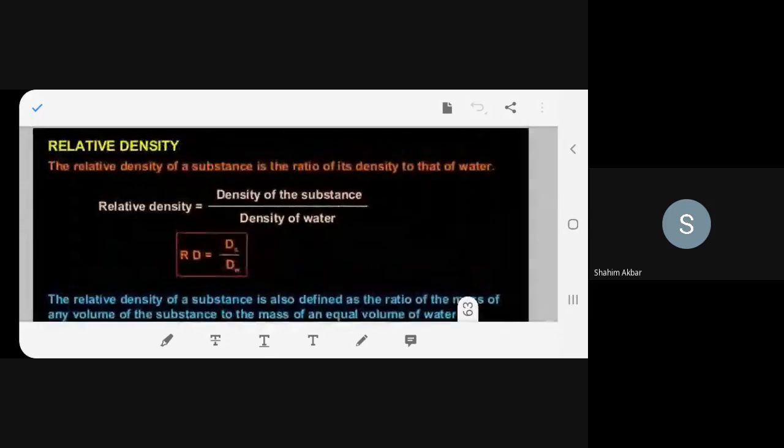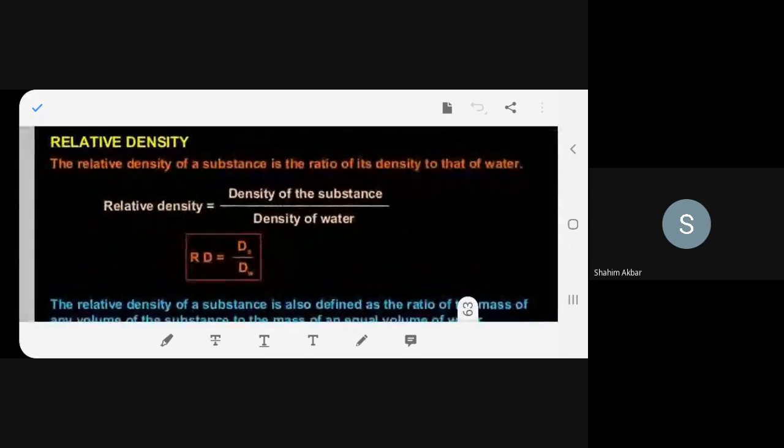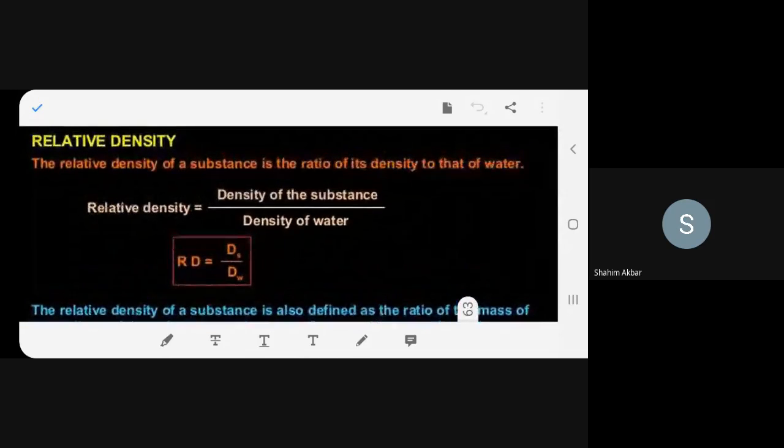Now we come to relative density. The relative density of a substance is the ratio of its density to that of water. Relative density is equal to density of the substance upon density of water.